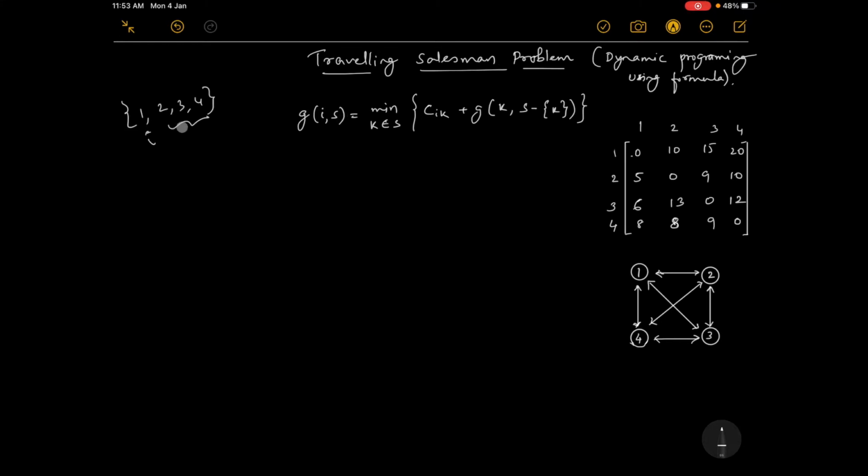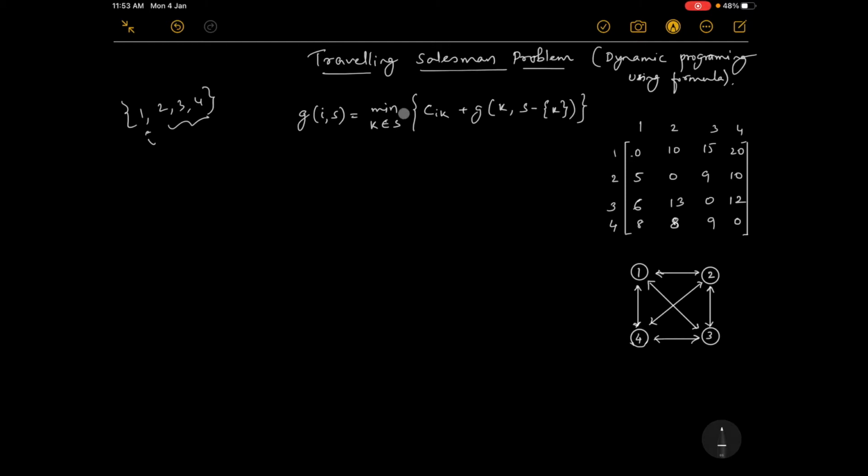So I, the remaining set is S. This is a cost equation and it should be minimum, and the next position you choose must belong to S. So K should be either 2 or 3 or 4. From position 1 you may choose 3, you may choose 2, you may choose 4.